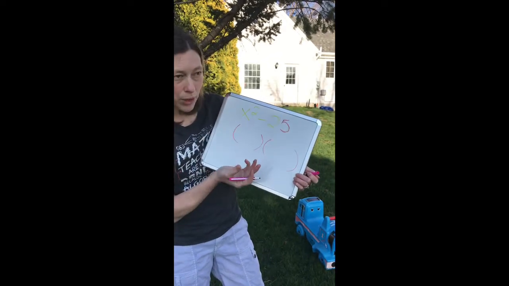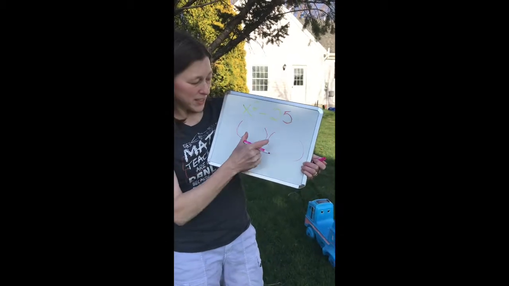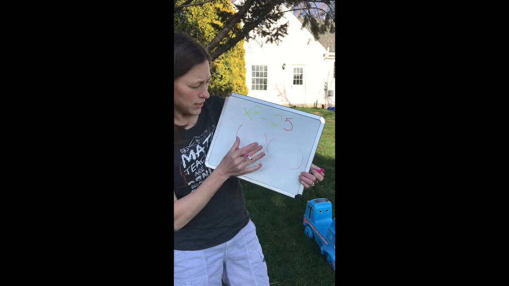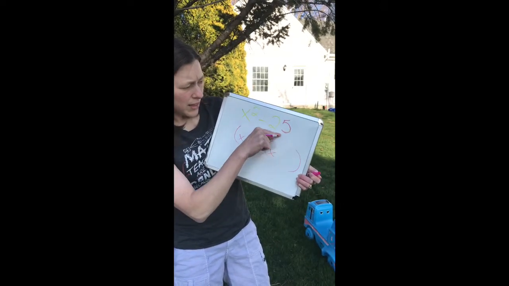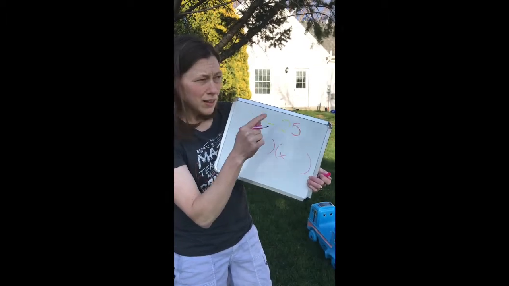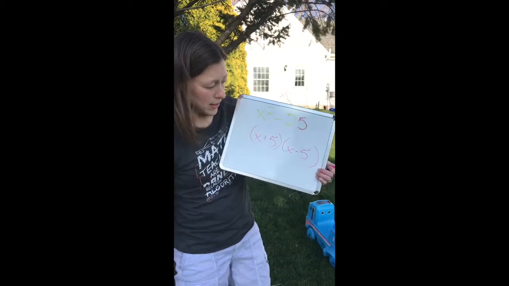When there's not a term in the middle with the x's, that just means that the outsides and the insides are canceling each other out. So all you have to do is take the 2 firsts, they multiply to be x squared, so x times x. And then, what 2 numbers multiply to be 25? Yep, 5 and 5, plus minus, done.